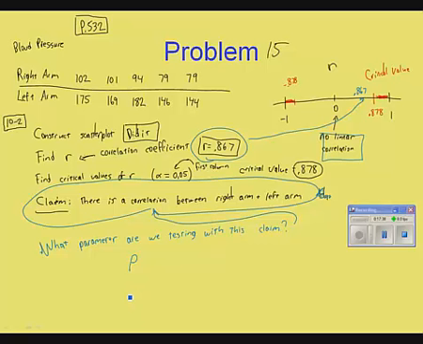What's that? Rho is an R, but I guess it looks like a P almost. Oh, you're talking about beta. Beta's in 10.3, and we'll get to that in a second. So this rho right here is really the deal, okay? So what parameter are we testing? Well, we're testing either this is true or this is true.